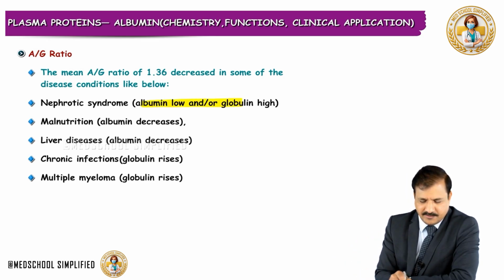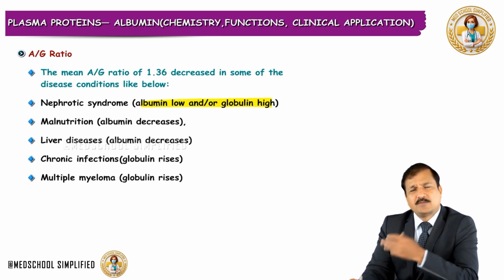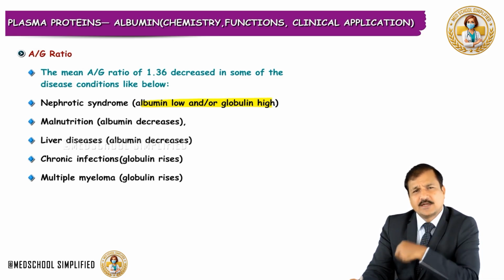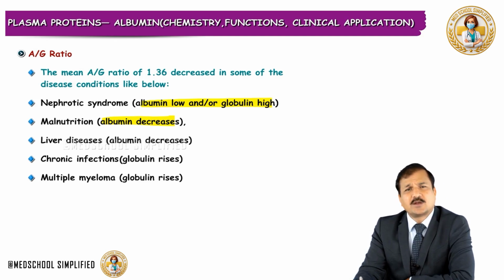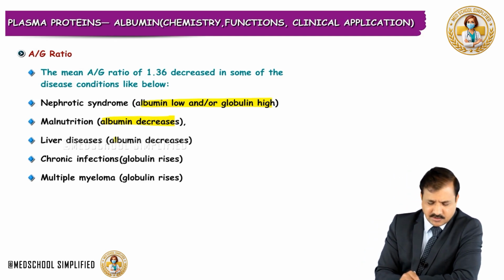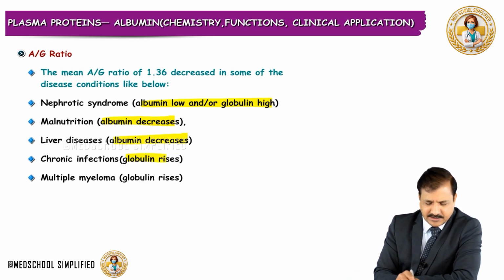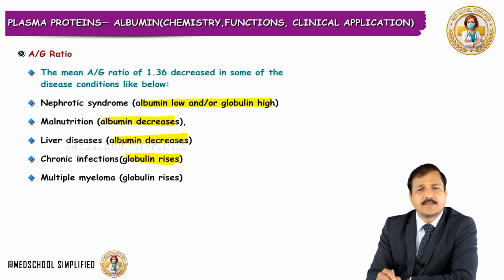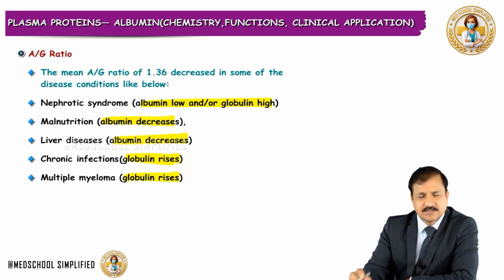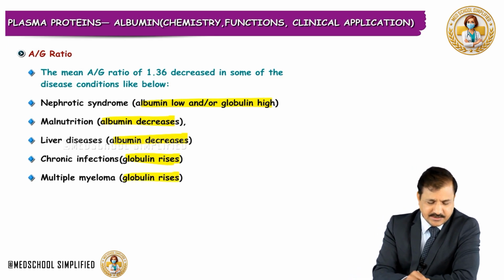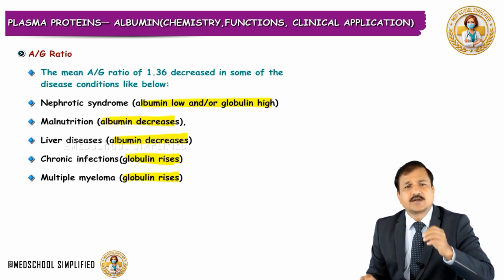In malnutrition, albumin levels decrease because protein intake is down. In liver disease also, there is a decrease in albumin. In chronic infections, there is an increase in globulin, and that will change the ratio. In multiple myeloma, globulin rises, which also changes the ratio. Like this, the albumin-globulin ratio can be altered.